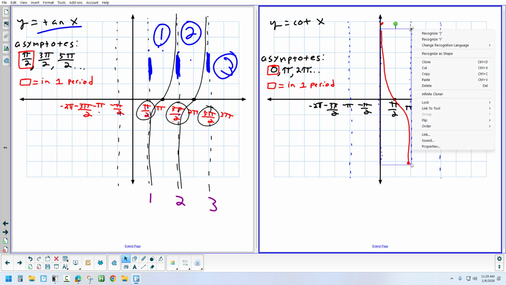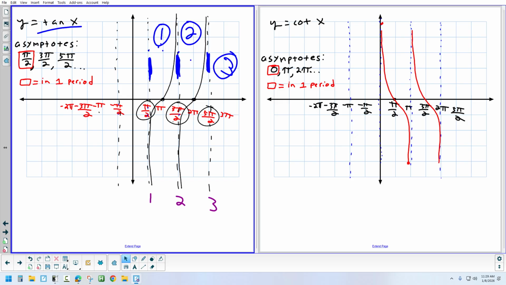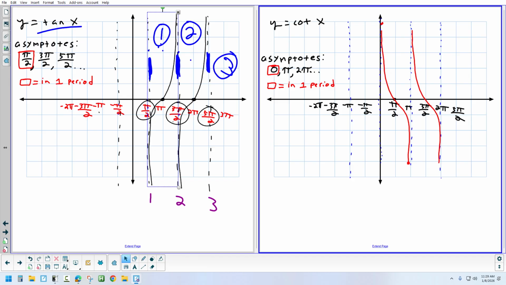What else do you notice about the asymptotes? They're all the other ones. So wherever it crossed the x-axis before in tangent, that's now an asymptote in cotangent.